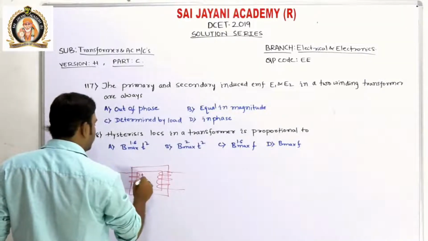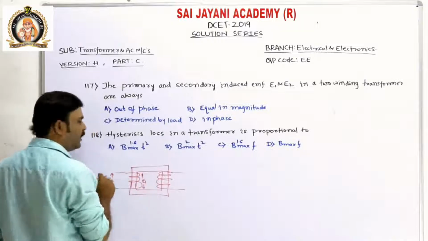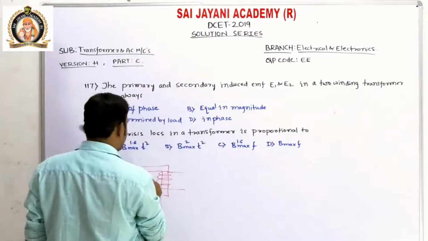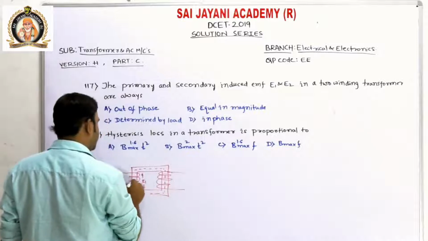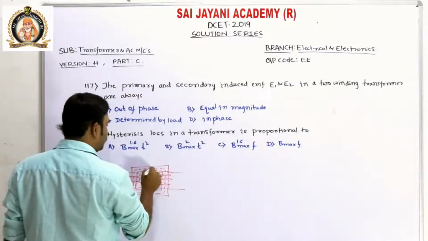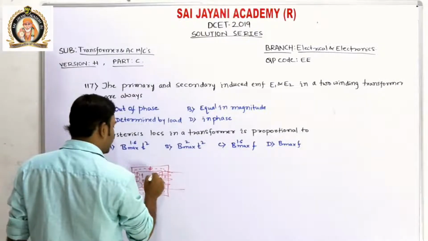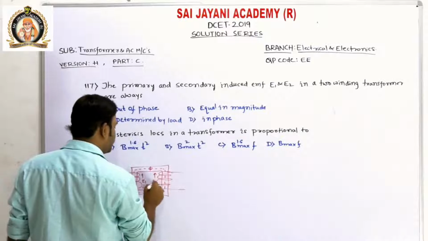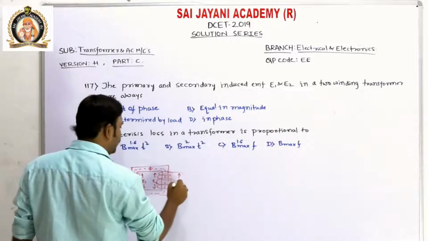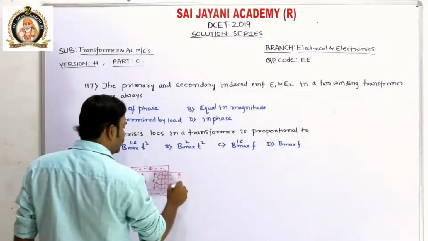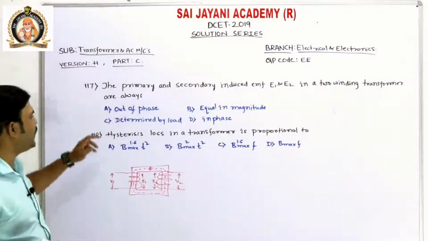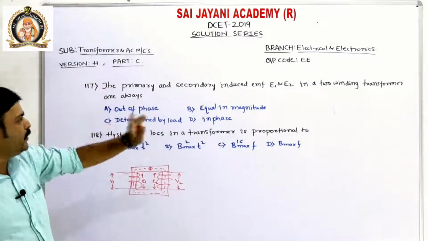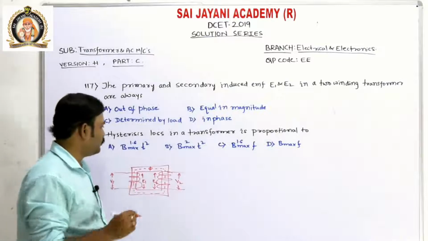Here primary induced EMF will be induced. After that flux is created, and because of that flux secondary EMF is induced, and finally we will get terminal secondary voltage V2. What has he asked? E1 and E2, this E1 and this E2.